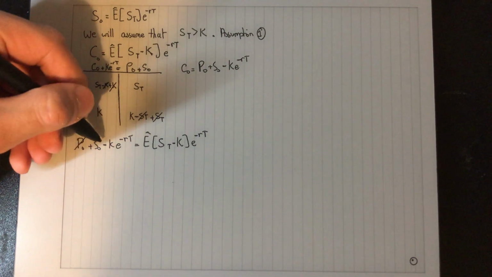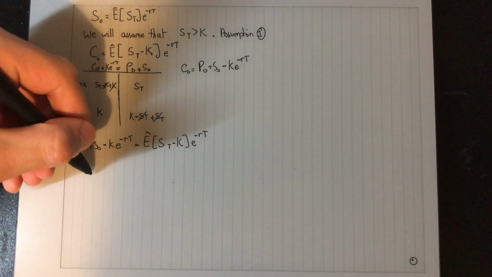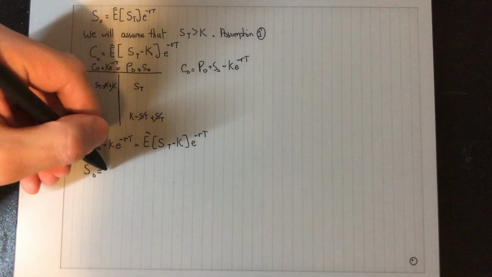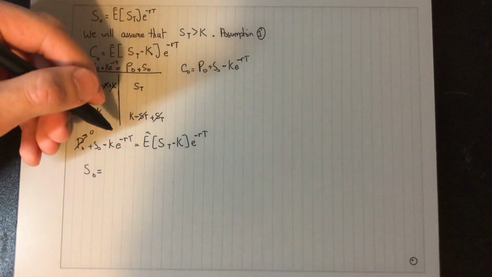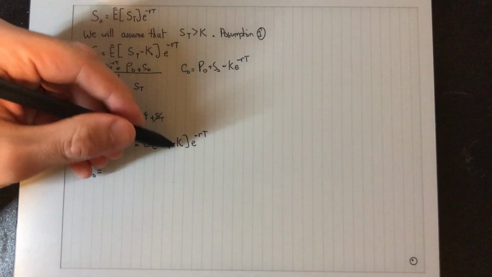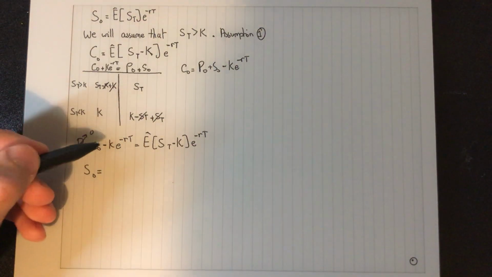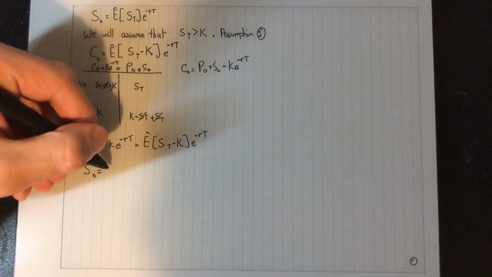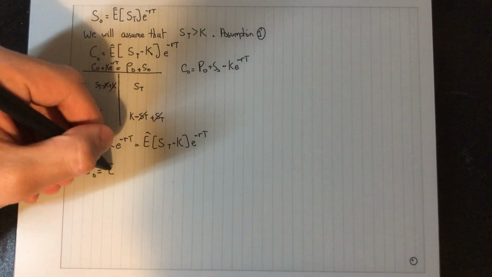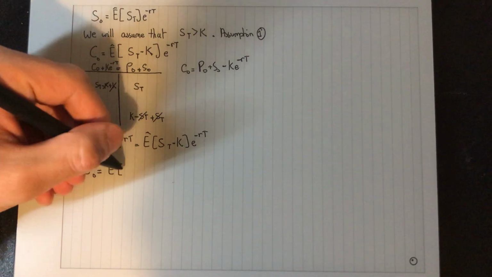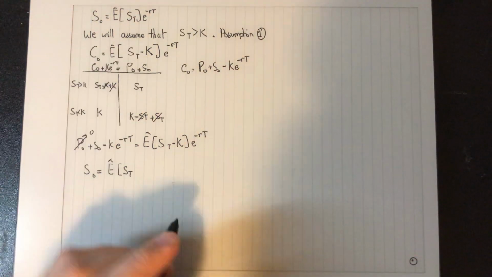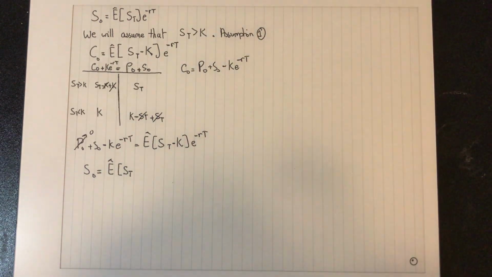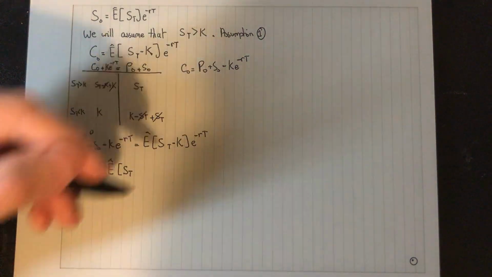And now, if we move K to the other side, we would get S0 is equal to the expectation of ST. And since K is simply a strike price and it's a constant, we can take it out of the expectation.